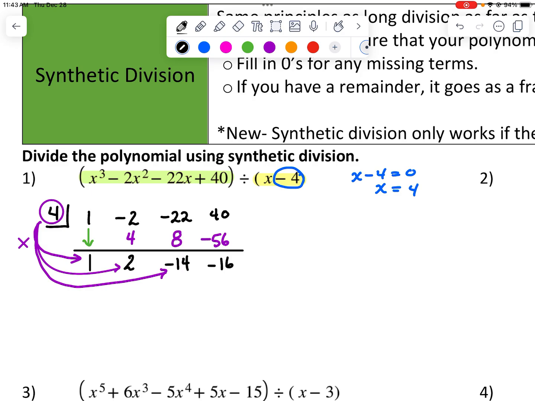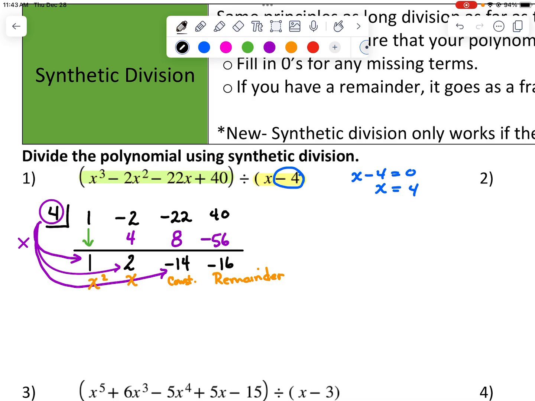Okay, so now this is our remainder. This is our constant. This is our x term. And this is our x squared term.